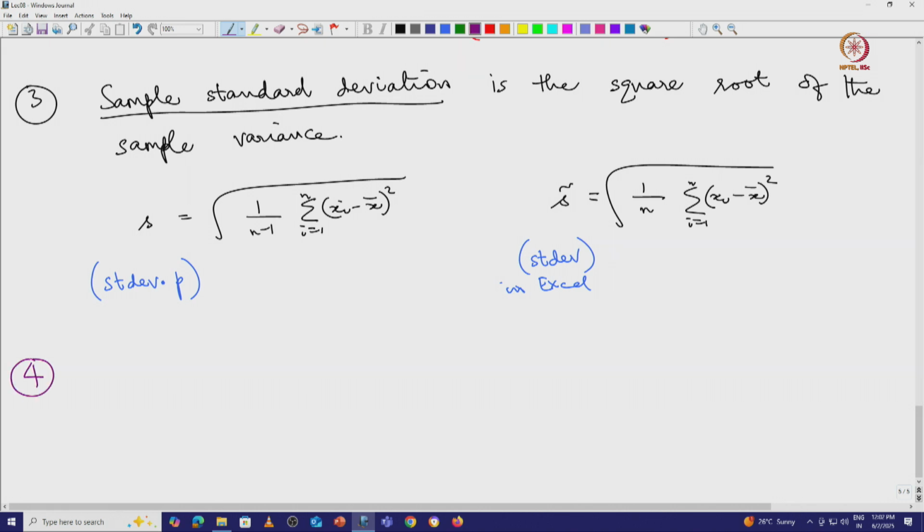Just like we defined the population covariance, we can define the sample covariance.